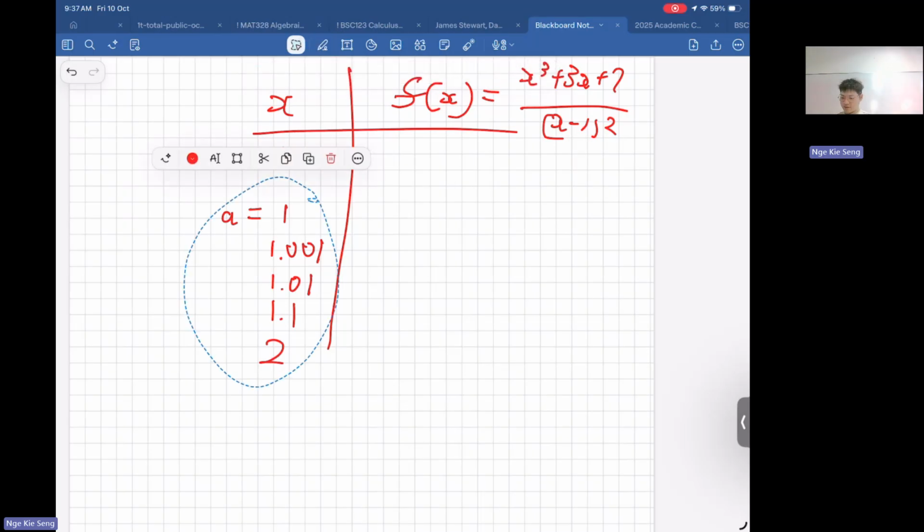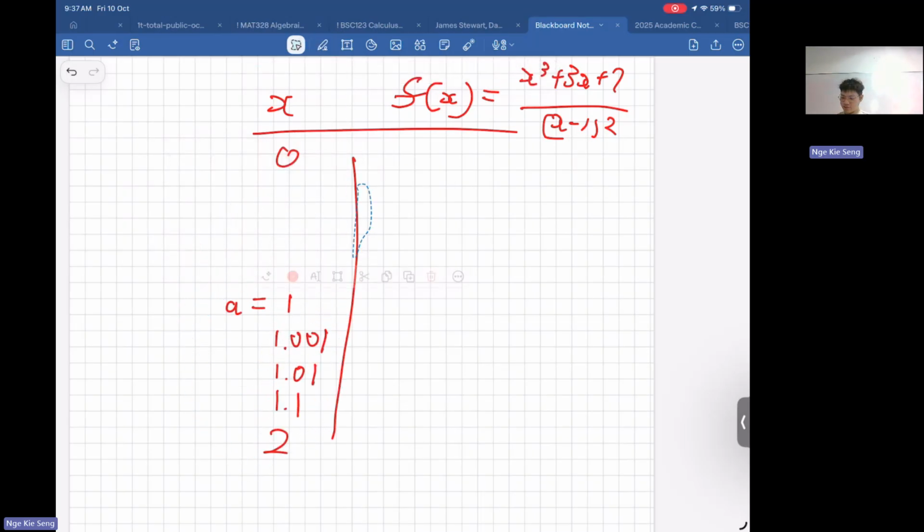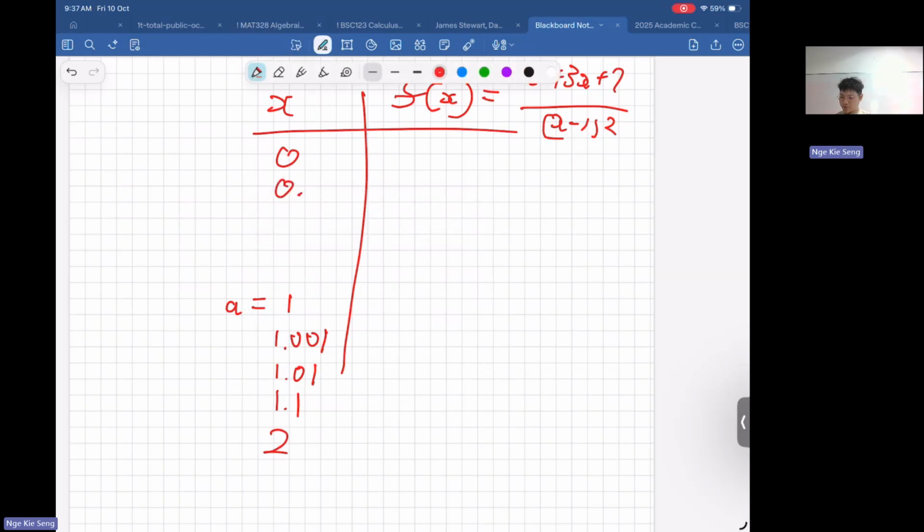And from the left hand side, you consider, for example, 0.1, 0.001, 0.0001. For the purpose of this class, this kind of approaching is enough for you. If you do this, you could check that your function actually blows out to infinity.